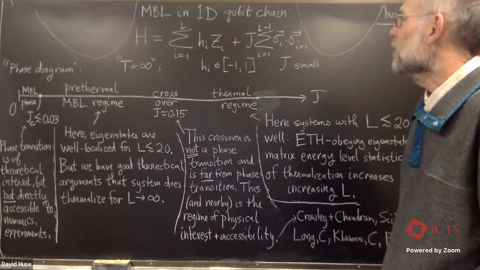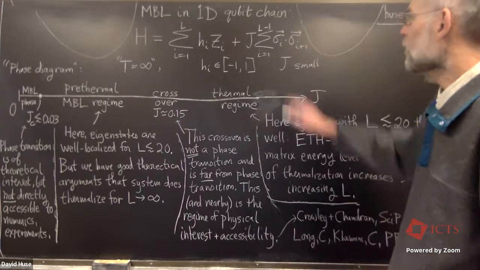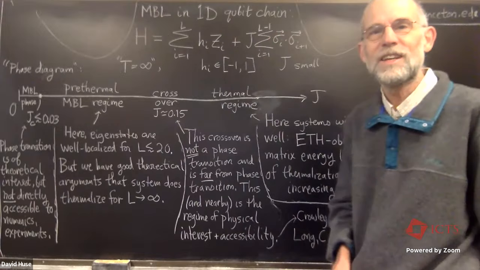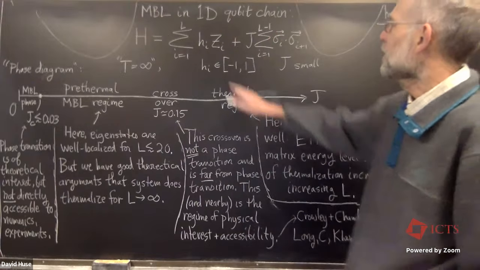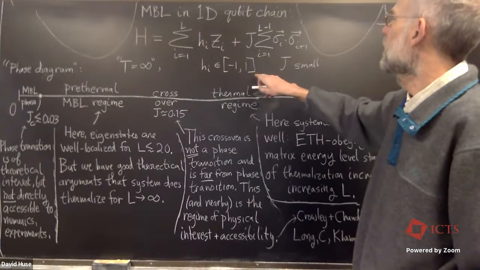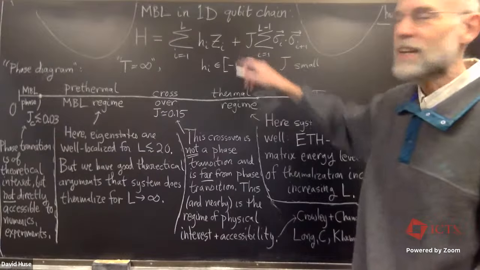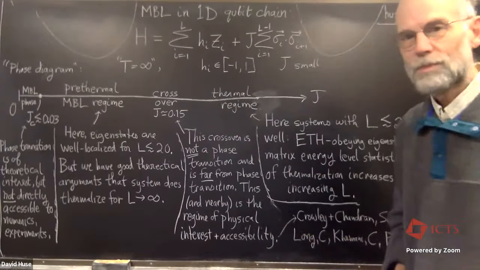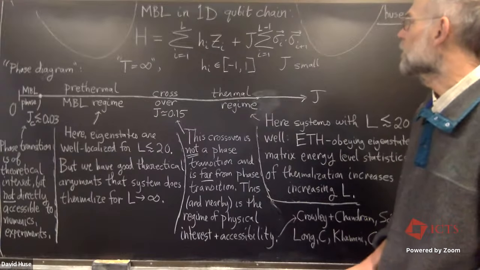That's the standard model of MBL. So that's written here, although in a slightly different notation than normal. My random fields are uniformly distributed between -1 and 1, and then my coupling is J, which produces the Heisenberg coupling along the chain.